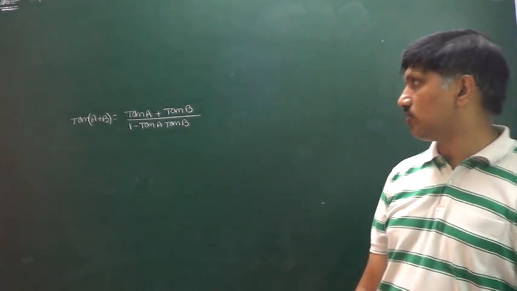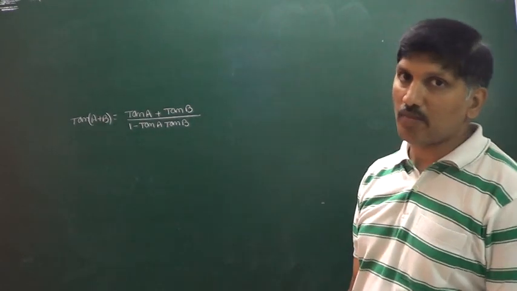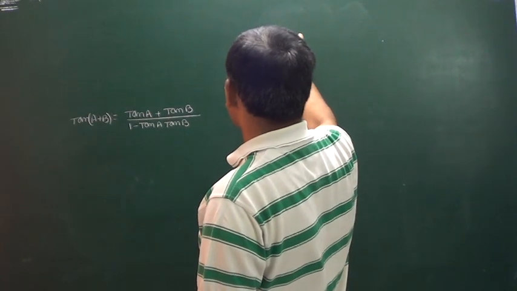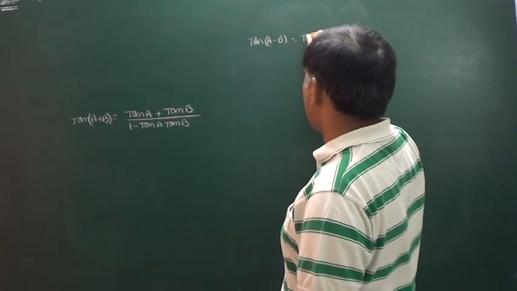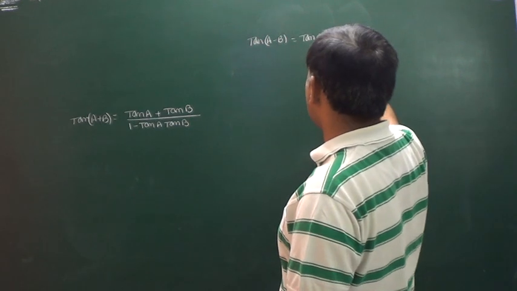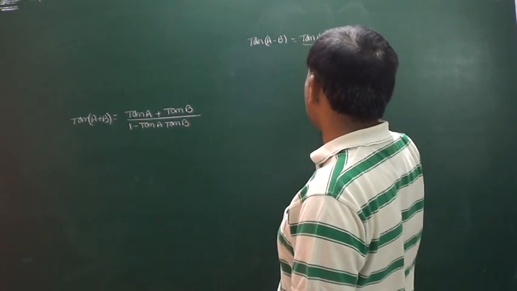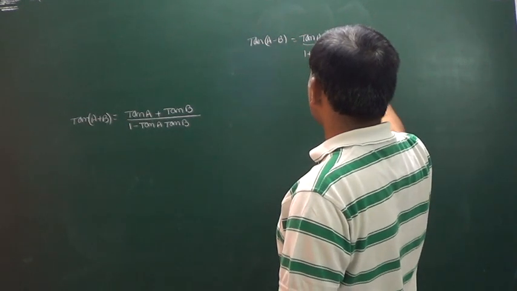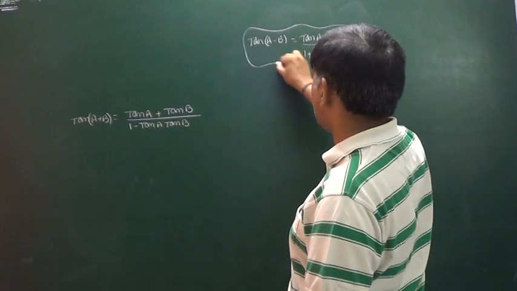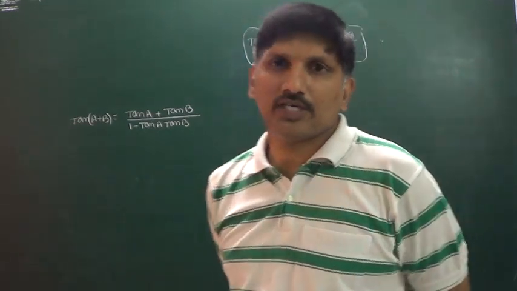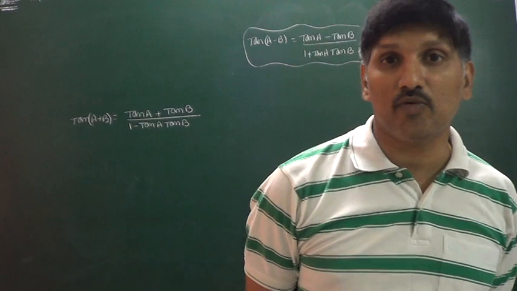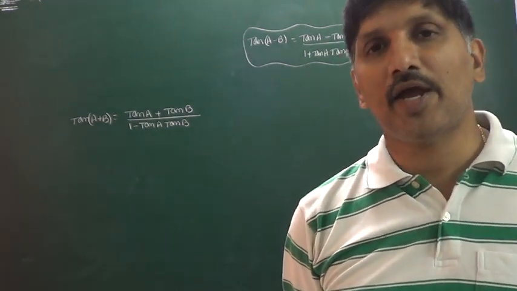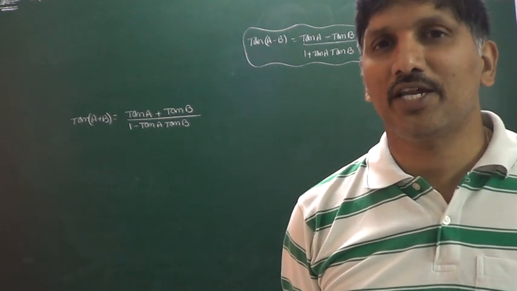Tan(A+B) is equal to tan A plus tan B by 1 minus tan A tan B. In a similar way we can derive tan(A-B) is equal to tan A minus tan B divided by 1 plus tan A into tan B. That is the formula for tan(A-B).